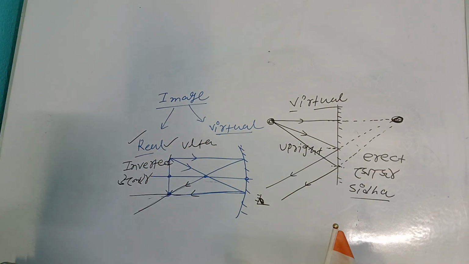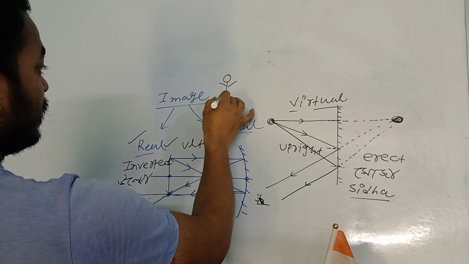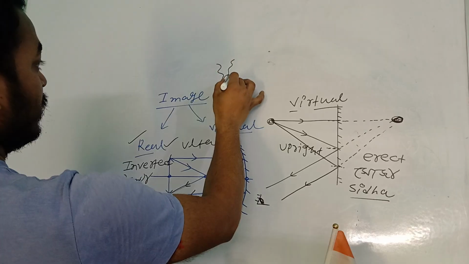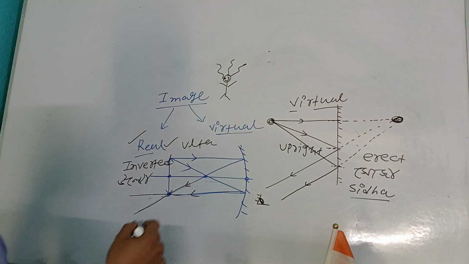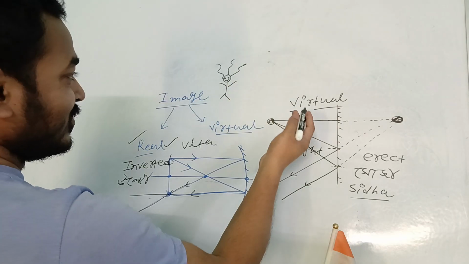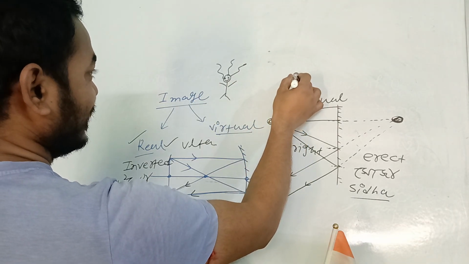So consider this is the object. A virtual image is the same as it is, upright.